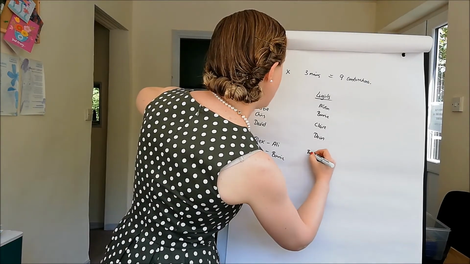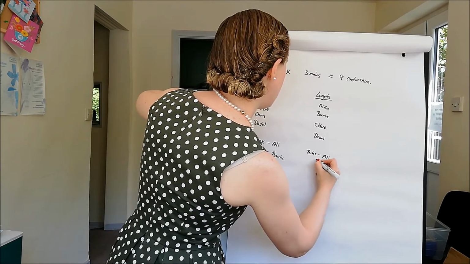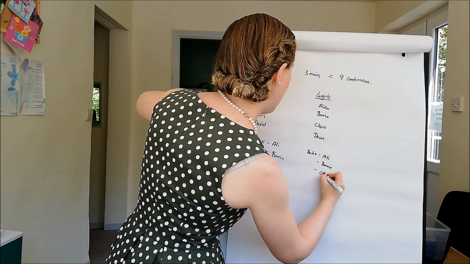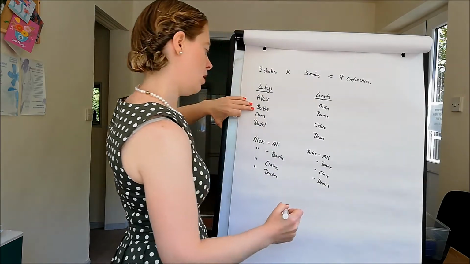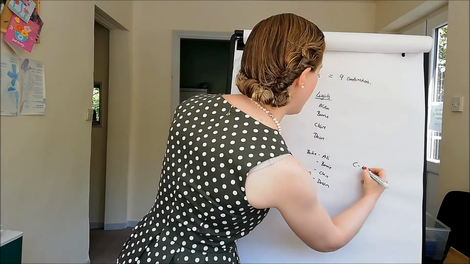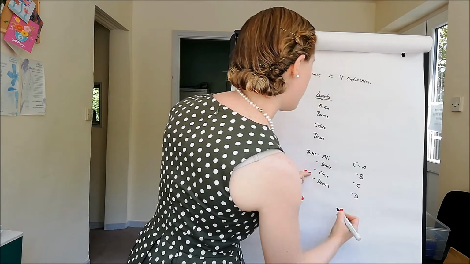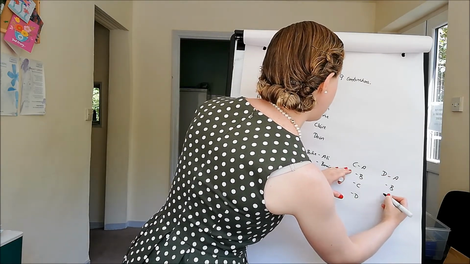Likewise, Bertie might end up with Alison, or with Bonnie, or with Claire, or with Dawn. And then Chris could also end up with either of the girls. And David could also be put with any of the girls.